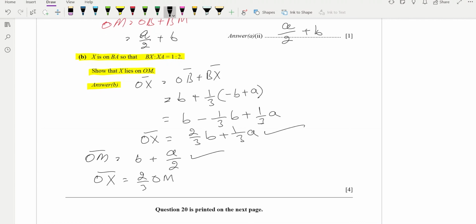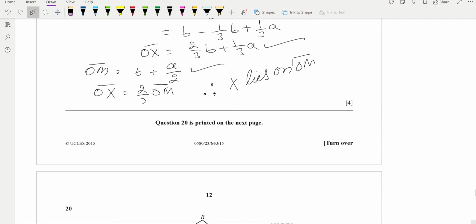So they are multiples of each other, hence therefore we can say X lies on OM. This is the 4 mark question. We are done with this.